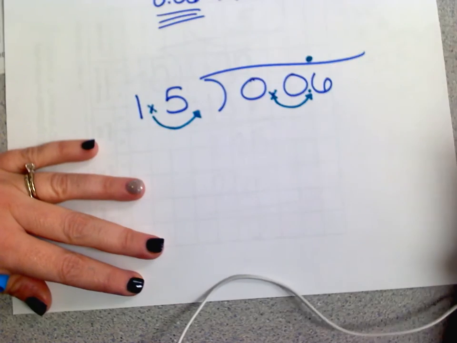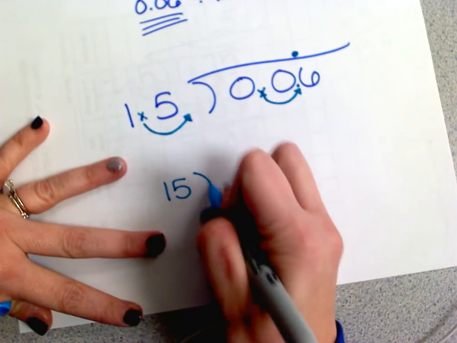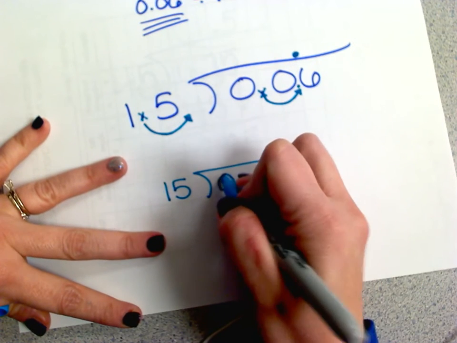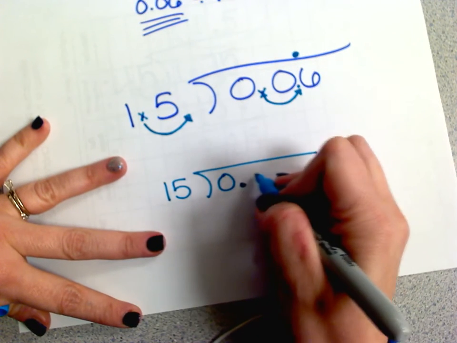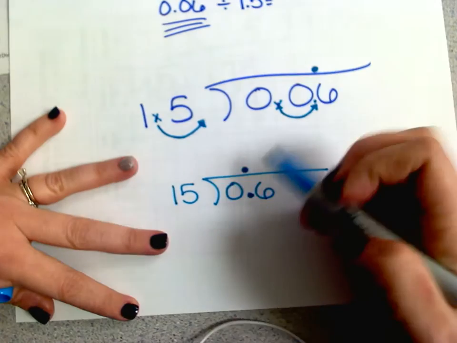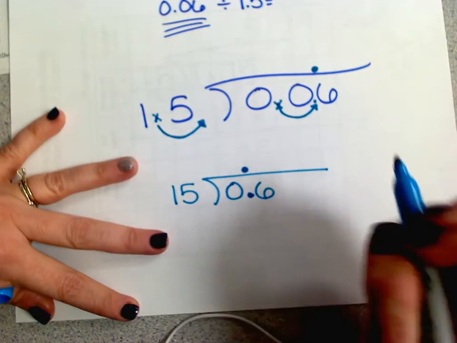All right, so now this is looking like 15 on the outside, and then 0.6 on the inside. Okay, so that's exactly what we just did.